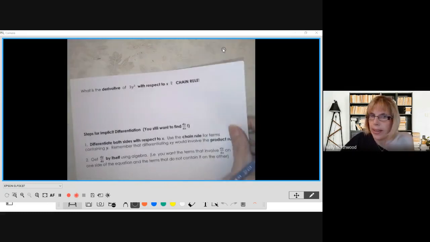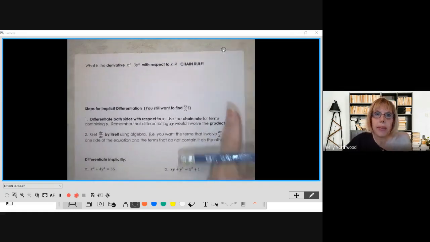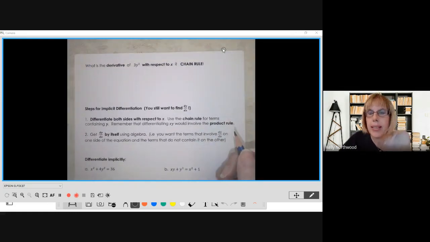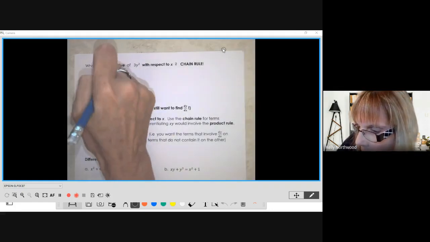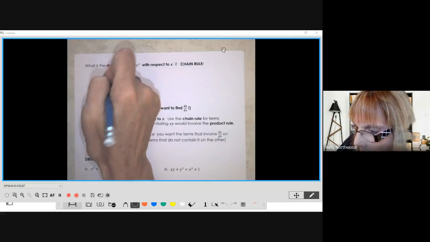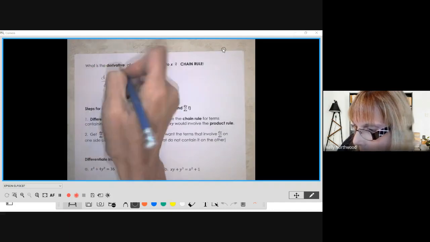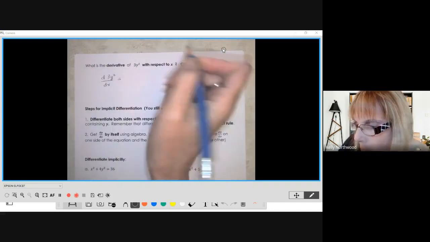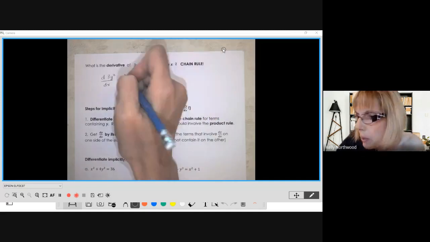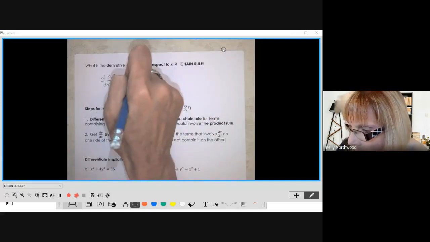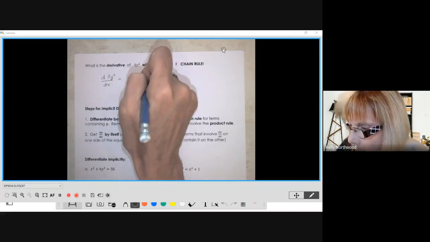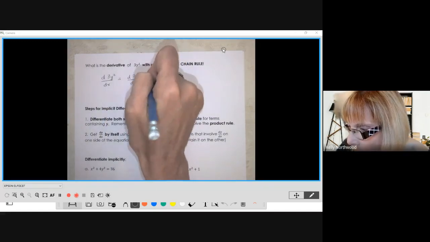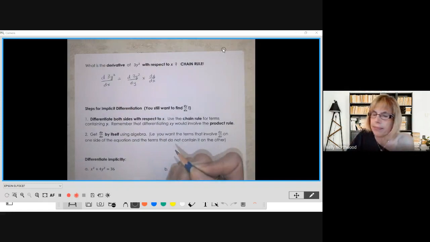Okay, so again, what is the derivative of 3y squared with respect to x? Use the chain rule. So we can do what I did on my scrap piece of paper, which is say, well, first we're going to take the derivative of 3y squared with respect to y, and then we're going to multiply that by the derivative of y with respect to x.